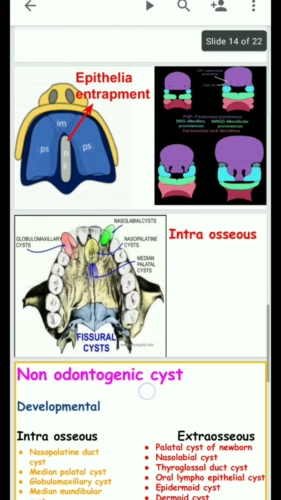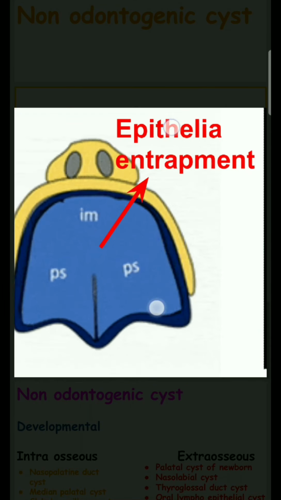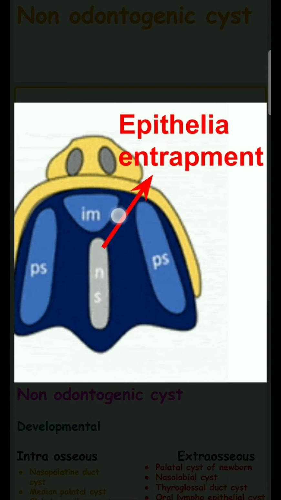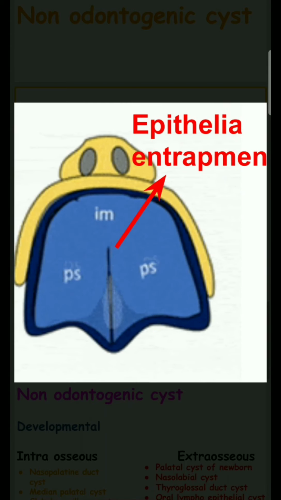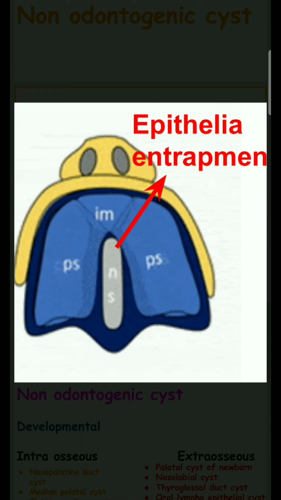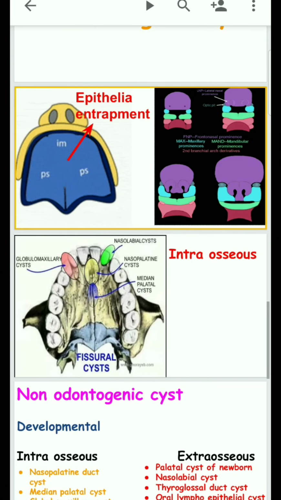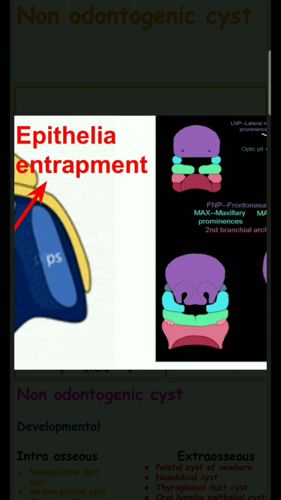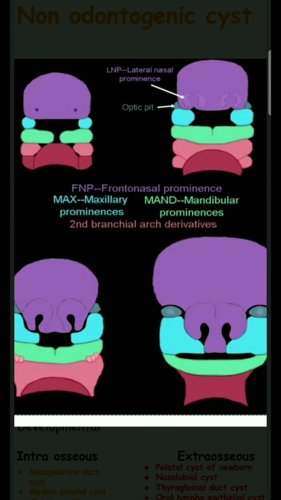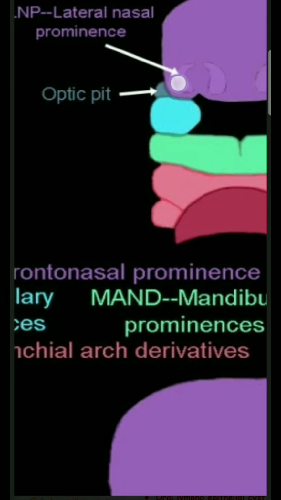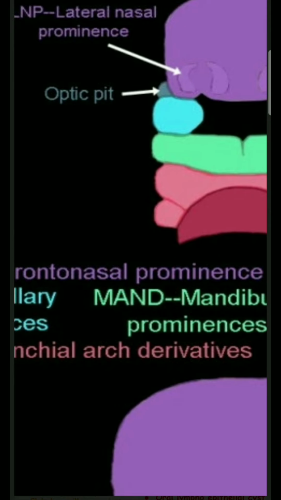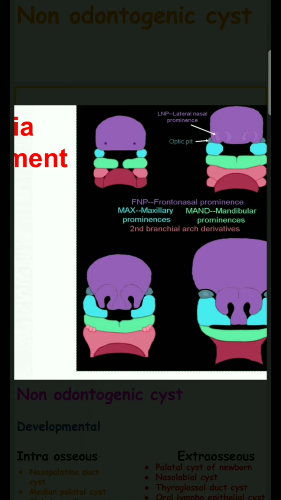For example, during the formation of the palate, epithelial cells get entrapped in the mid-palatal area, which leads to the median palatal cyst. Sometimes the epithelial cells get entrapped between the medial nasal process and the globulomaxillary process, leading to the globulomaxillary cyst.